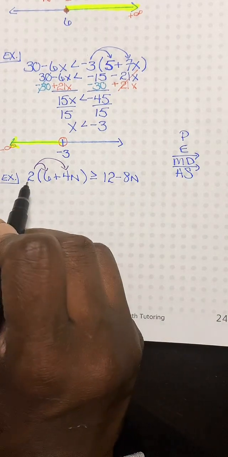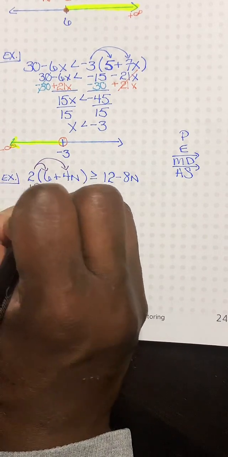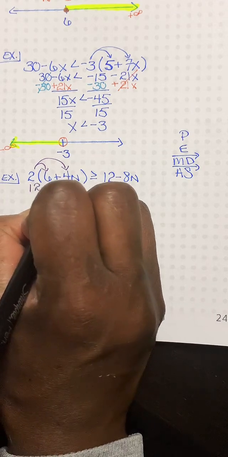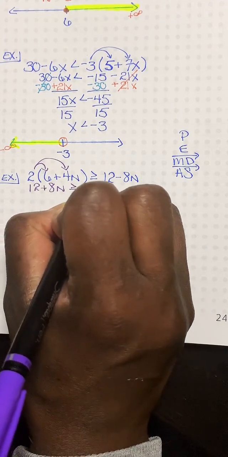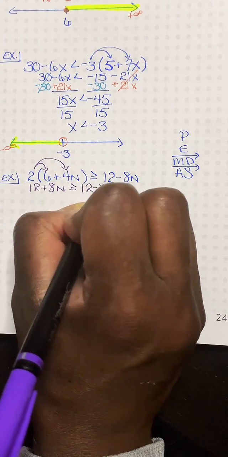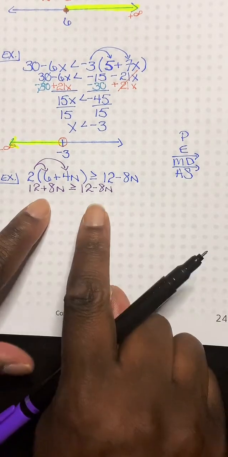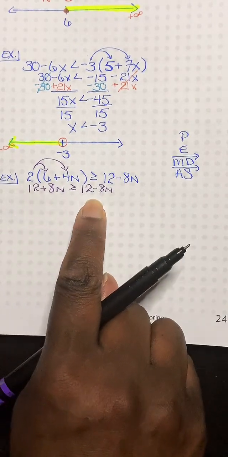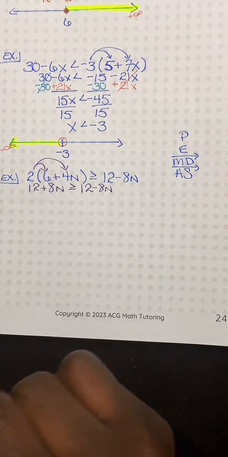So first I would distribute. I have 2 times 6, that gives me 12, plus 2 times 4n, that gives me 8n. Then I have greater than or equal to 12 minus 8n. I need to put my n's on one side and my numbers on the other.